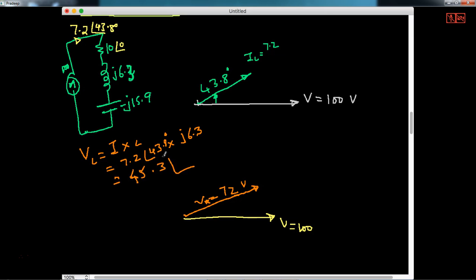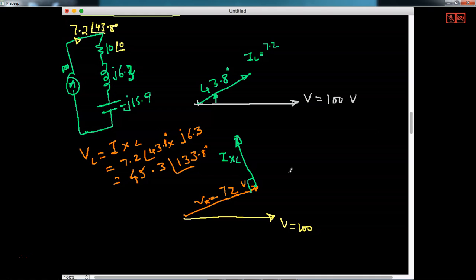This time the angle will be 90 plus 43.8, so I'll get 133.8 degrees. In that angle I'll get the next vector. So that is this one. This will be I into XL.